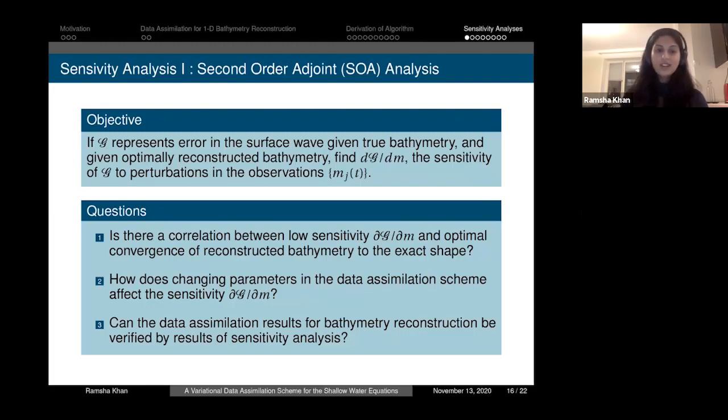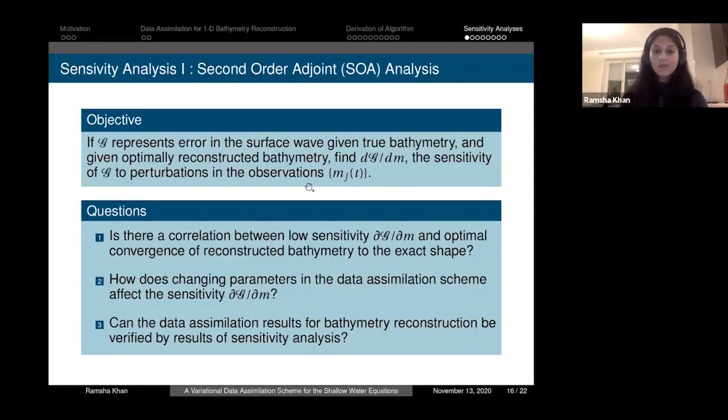So just to summarize a little bit, if G represents the error in the surface wave given the actual bathymetry and then our optimally reconstructed bathymetry, then we want to know how sensitive this is to perturbations in the observations. Perturbations in the observations can come from having a different assimilation time, a different measurement point, or a different number of observations.